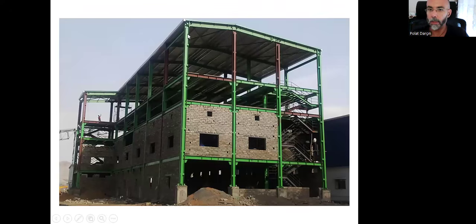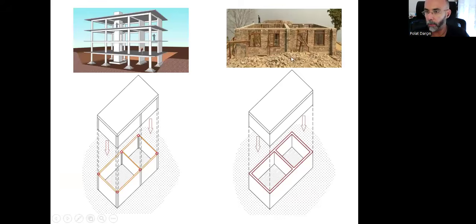Like in this picture, we can easily say that these green lines are the structural system of the building. And we can see that we have walls here, different from this masonry example. If I remove these walls, everything will collapse. There won't be anything left to carry the loads of the floors, the loads of the people, the loads of the roof, and everything else.